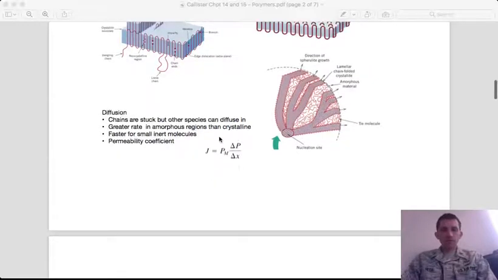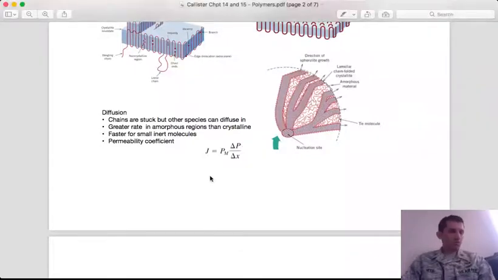This is an analog, if you recall, to Fick's first law. In Fick's first law, it's the most natural to consider a gas diffusing through a barrier. In that case, pressure or partial pressure makes sense.